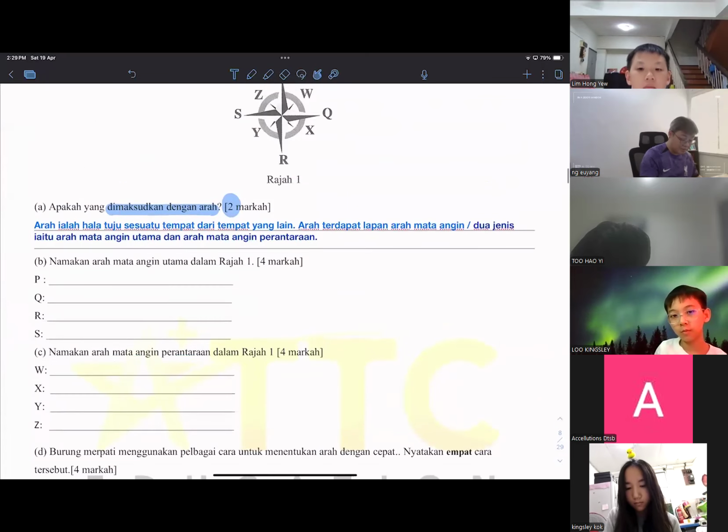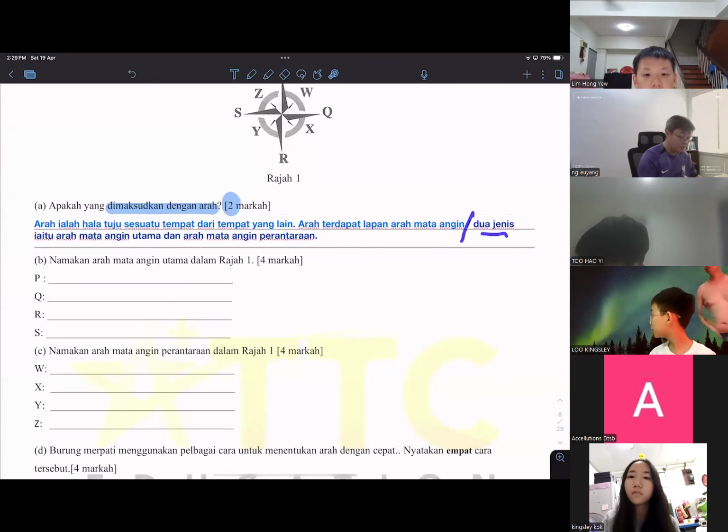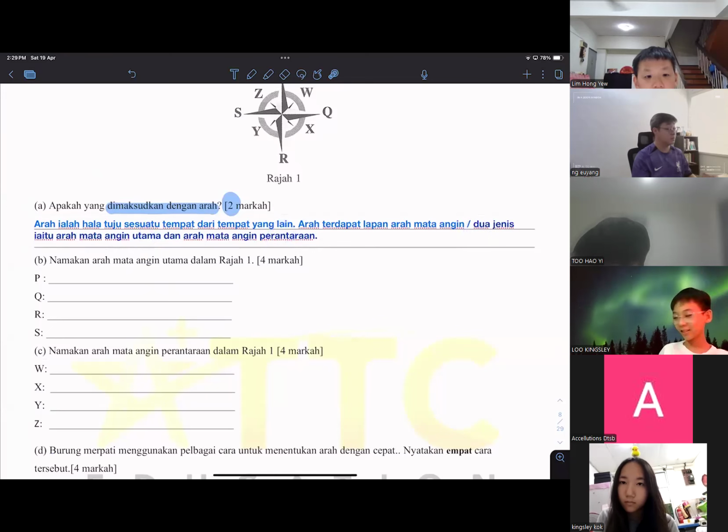So either choose the first one, which I'm marking in blue, the easiest for you to refer to, or this is the third mark. We have two types of arah mata angin, which are utama and perantara.